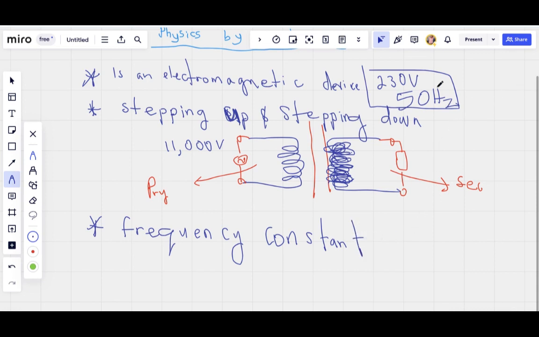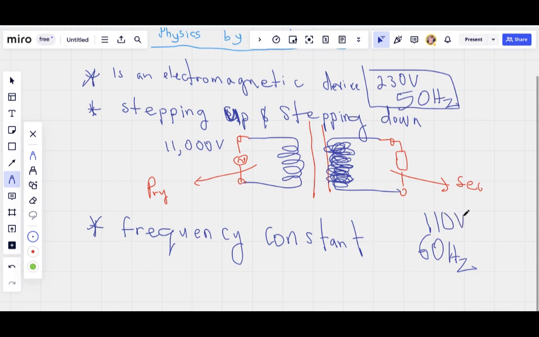Countries that stick with 50 Hz use 230 volts as the domestic voltage. But countries that are using 60 Hz use 110 volts.